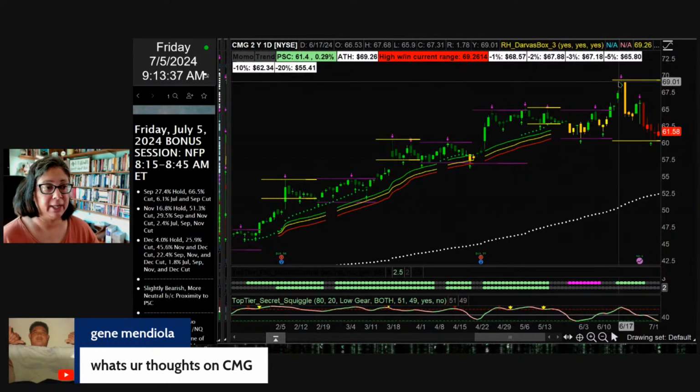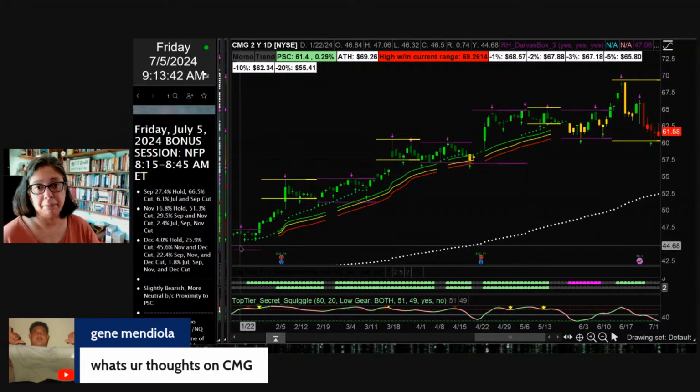High within the range, 69.26. If it were to pull back what we typically expect to be a reasonable amount of a pullback post split, I would look for 5 to 10%. And we're actually below 10%. So this is a significant pullback.